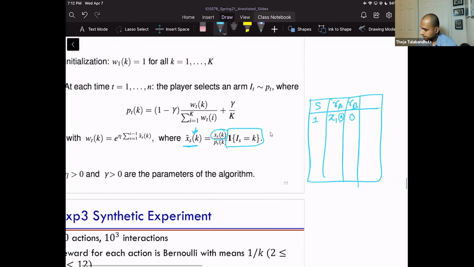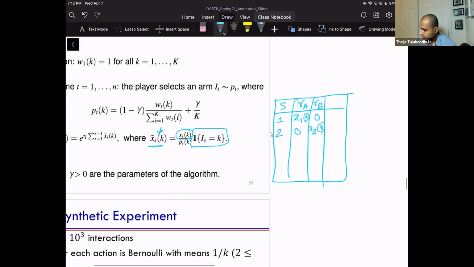At time 2, let's say I played action B, then this is definitely 0, and here I'll get x2 of B. Those are the original rewards. What I'm also going to do is normalize. Let's call it x tilde.